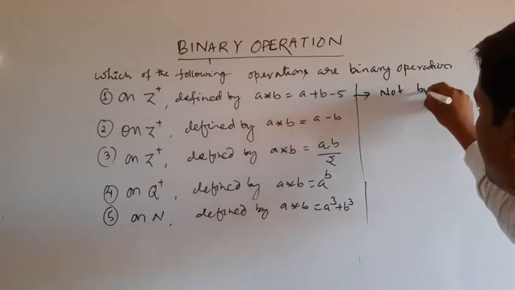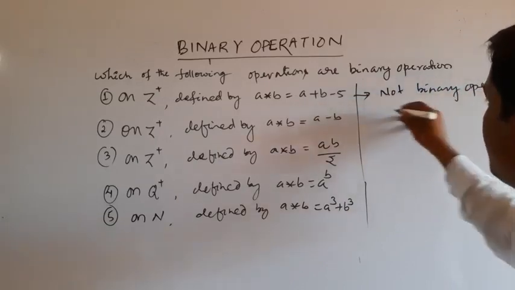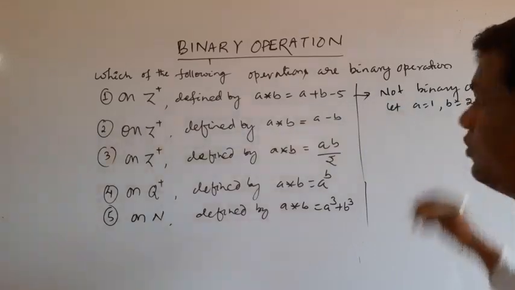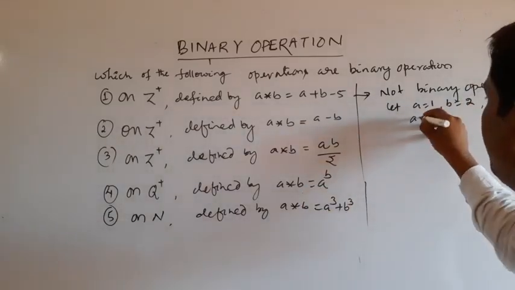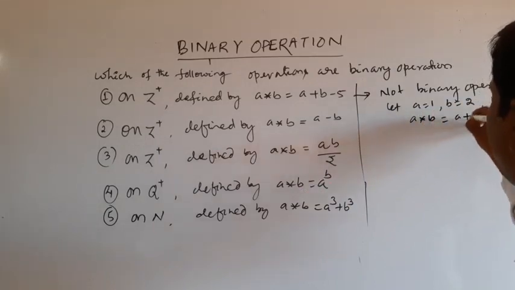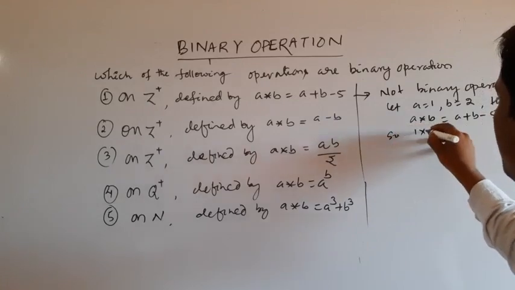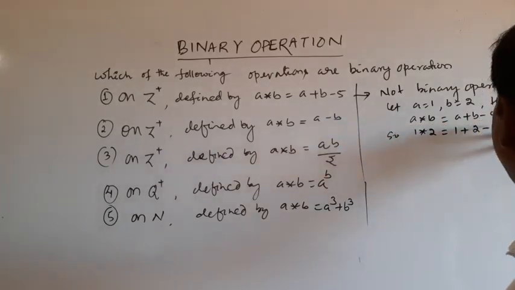Let a be equal to 1, b equal to 2. Then by the formula a star b is equal to a plus b minus 5, so 1 star 2 is equal to 1 plus 2 minus 5.